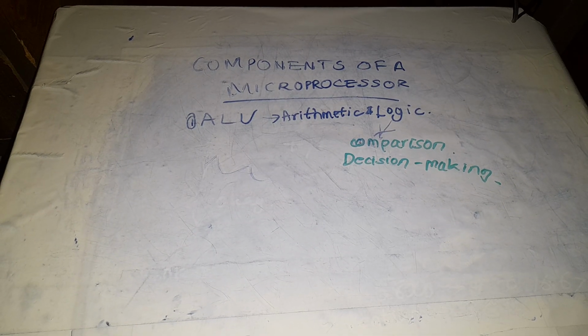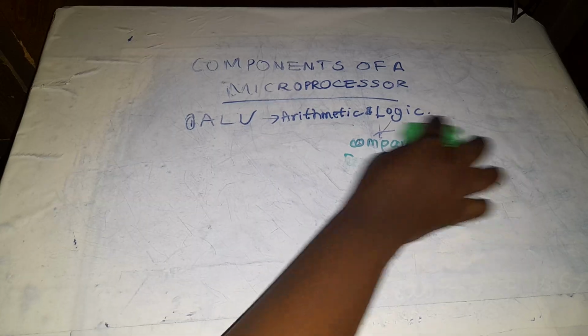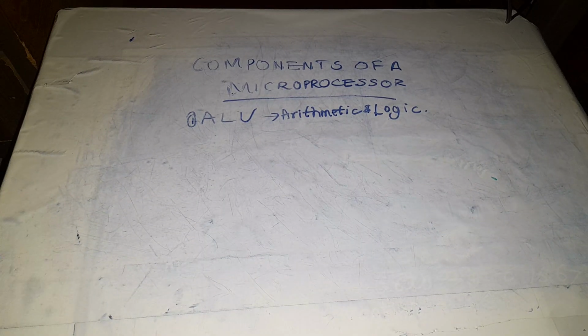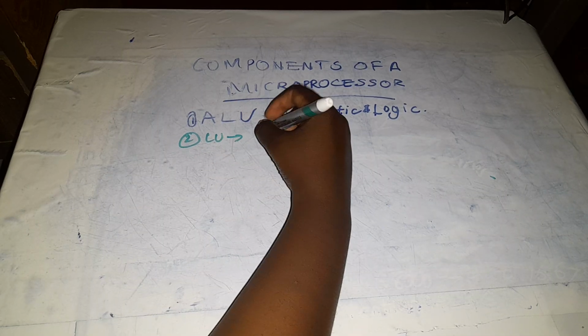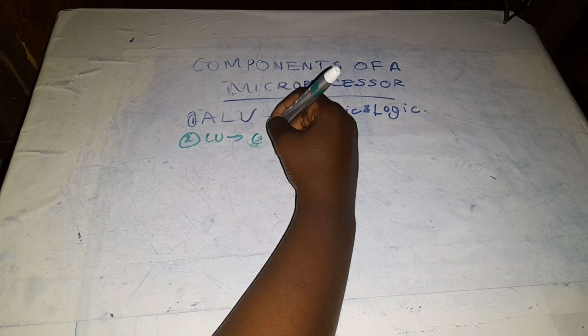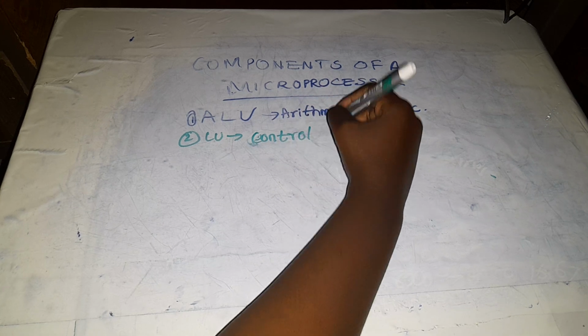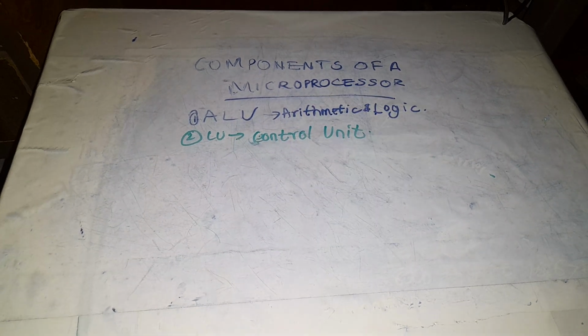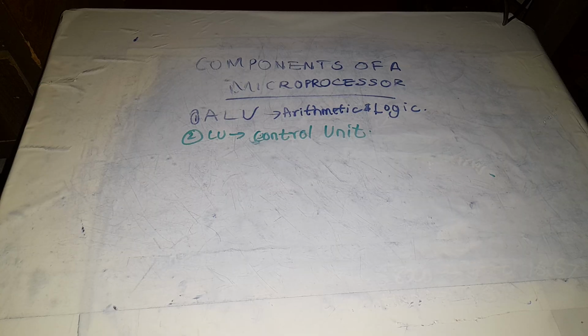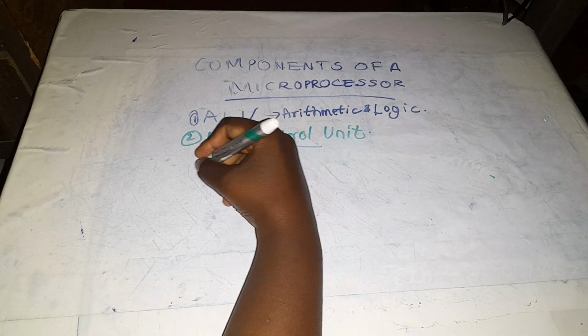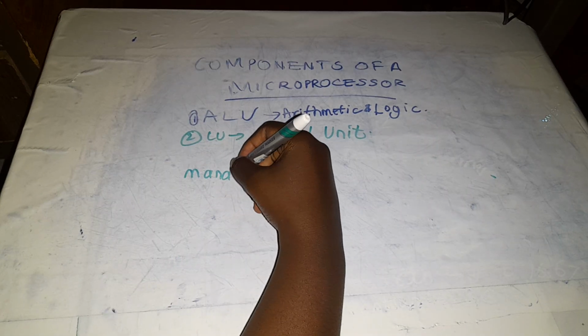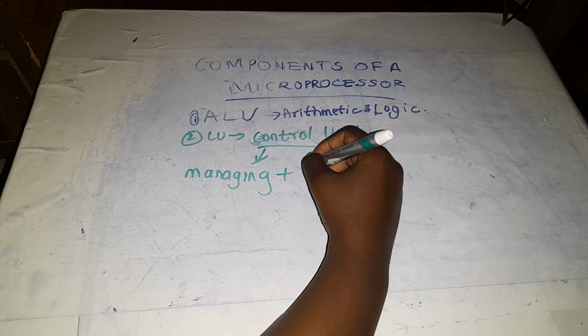After the ALU, we have something else called the control unit, which can be written as CU. The control unit will control the execution of instructions. From the word control, think of someone managing and coordinating.